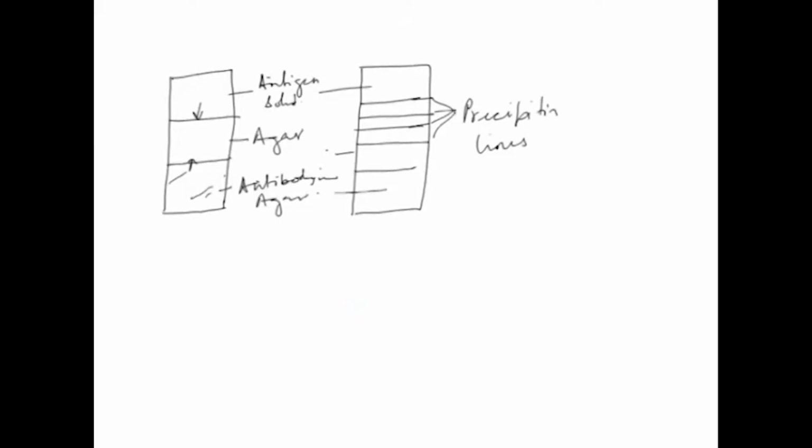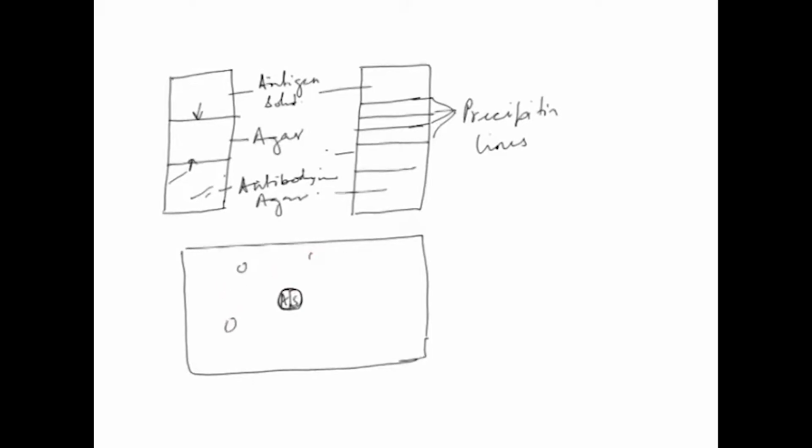Now, this could also be in, like I said, two dimensions. In two dimensions, there is a very simple way: there will be agar on a microscopic slide. You can punch a central hole where you can put antiserum, and you can have slots for placing antigen, and these antigens could be in different concentrations.